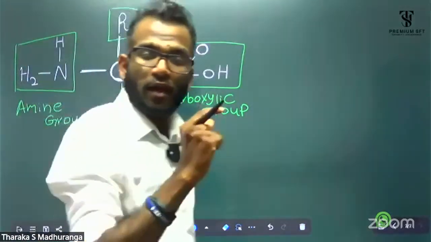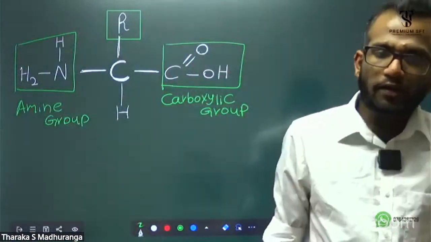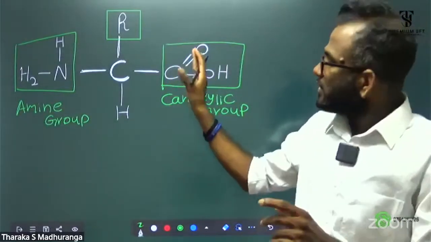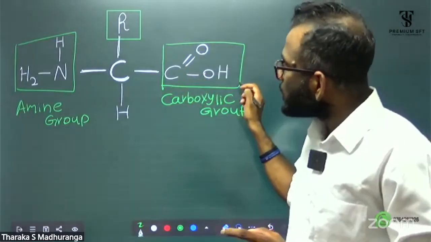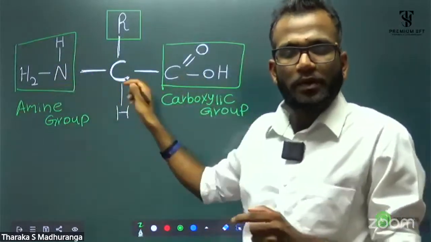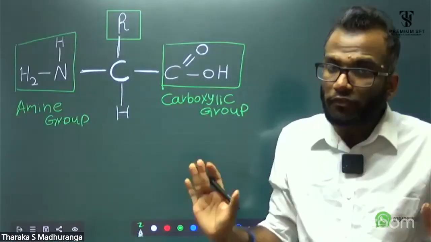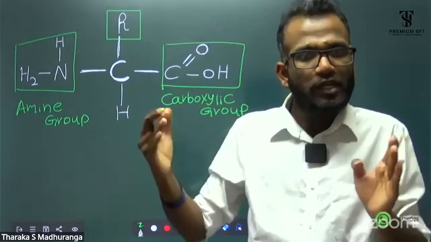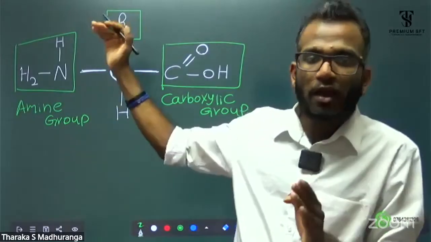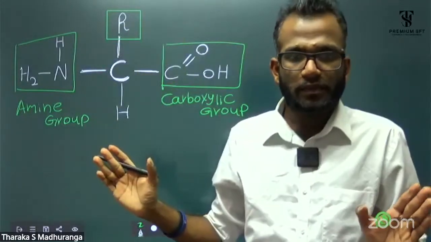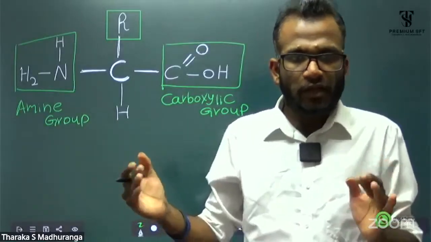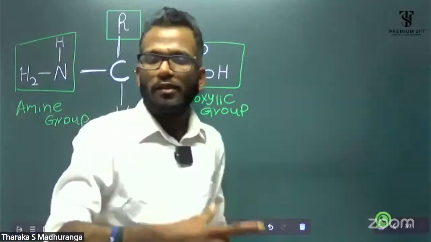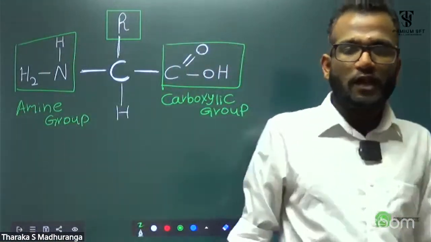This is the R carbon chain. The carboxylic group, amine group, and hydrogen are compulsory and do not change. But according to the type of amino acid, the R carbon chain is different. Due to the variation of this R carbon chain, we give different names to the different structures of amino acid.